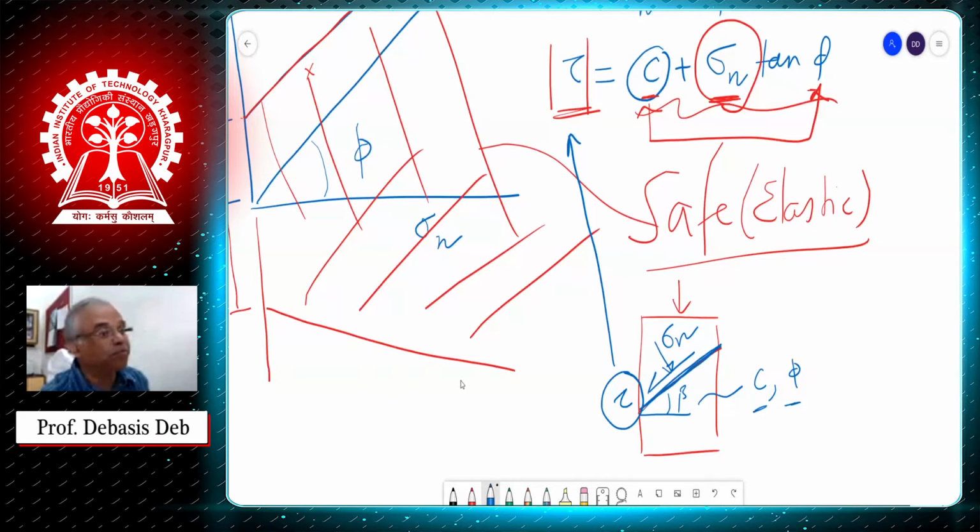I have no idea what the values of sigma n and tau are. It is just an equation where I do not know sigma n or tau. So what to do? But this is the equation given by Coulomb, and later on it was modified by Mohr.